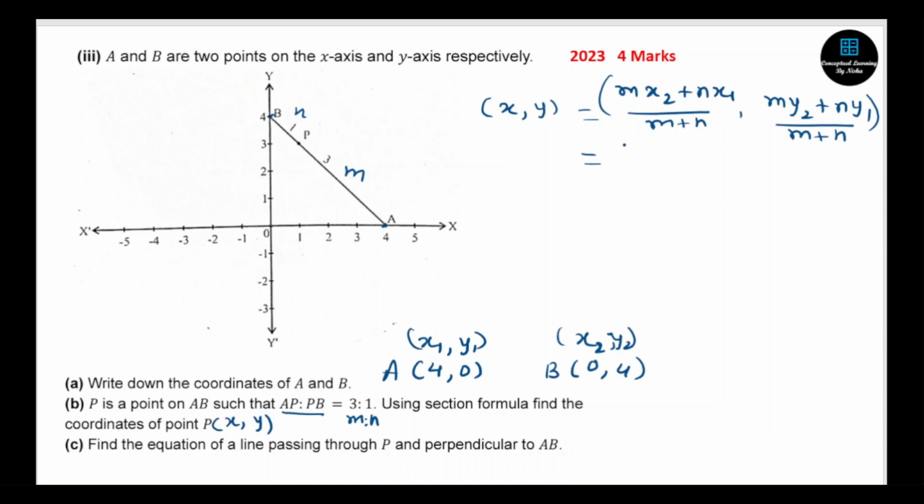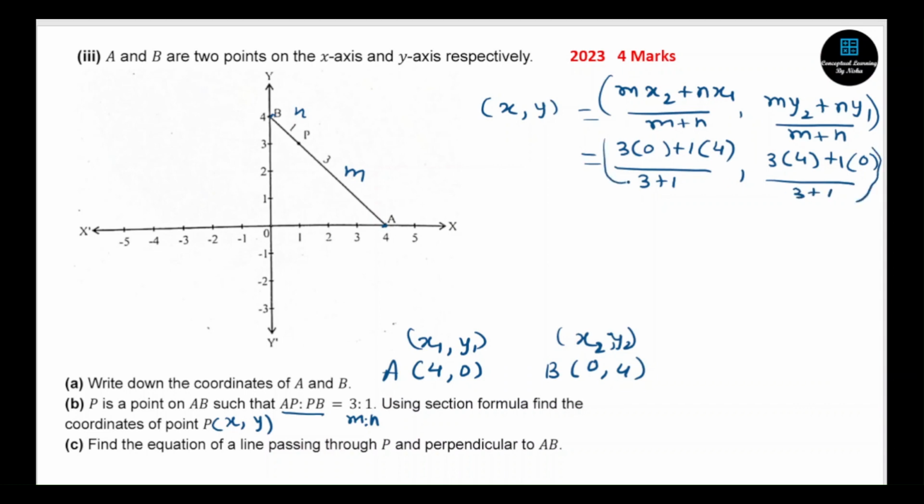So m is 3 times x2 which is 0, plus n is 1 and x1 is 4, over m plus n, this is 3 plus 1. And here it is 3 times y2 which is 4, plus n is 1, y1 is 0, upon 3 plus 1.